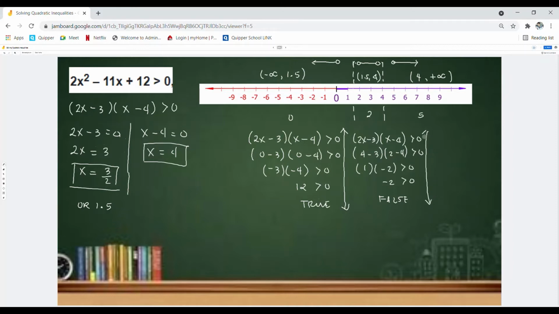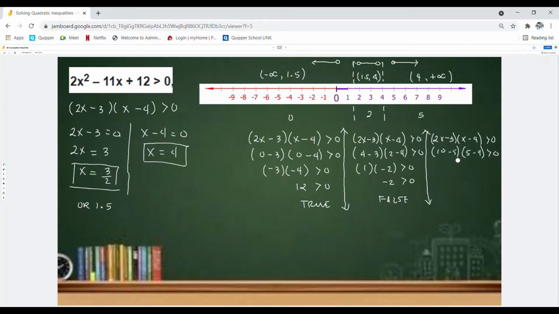Alright, so let's have the third one. So 2x minus 3 times the quantity x minus 4 greater than 0. Substituting 5, that would be 10 minus 5, and then 5 minus 4, greater than 0.